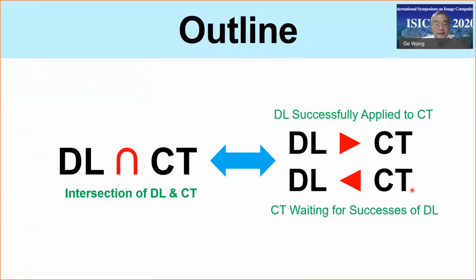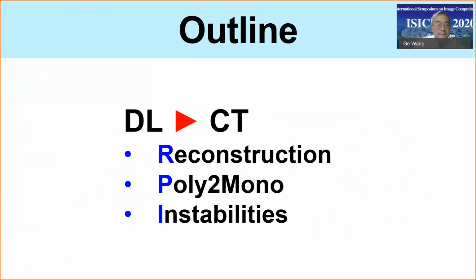Second, also in the intersection, we talk about a few topics where CT projects are waiting for successes of deep learning. In the first part, we talk about how deep learning techniques could be adapted or developed so that CT problems can be solved. We talk about 3-point reconstruction, poly to mono, and the instability issue.